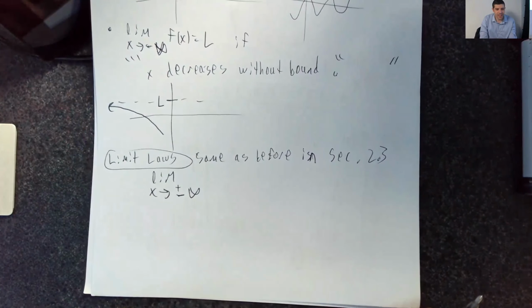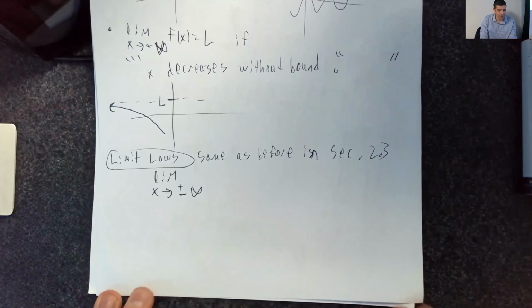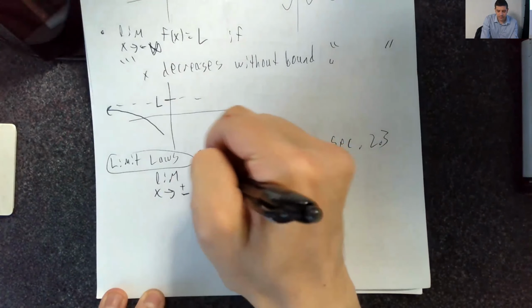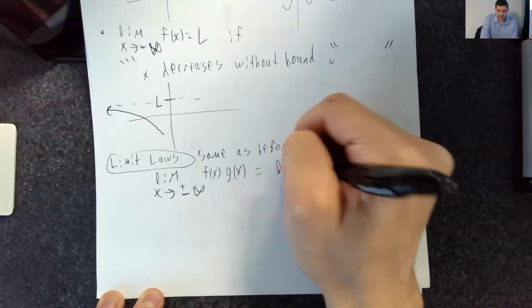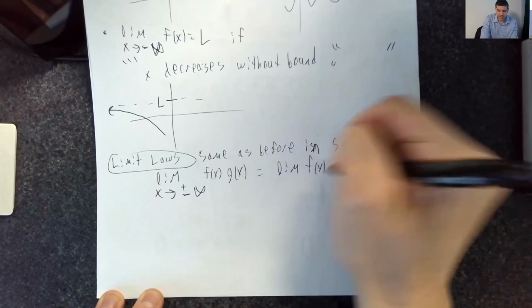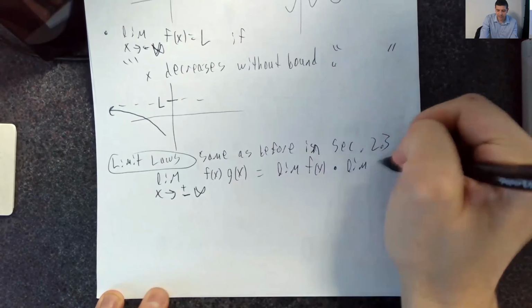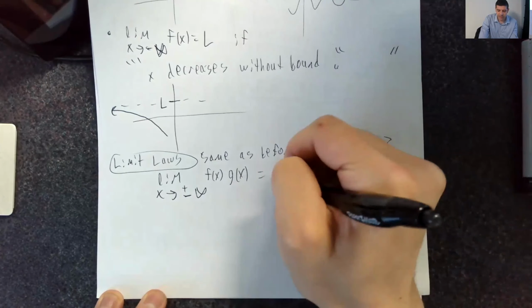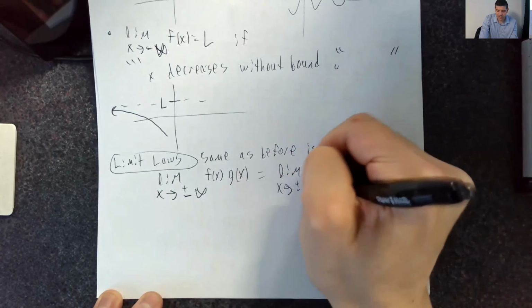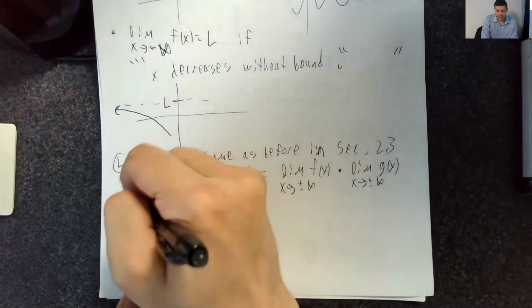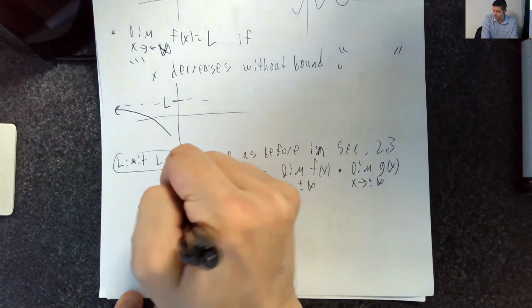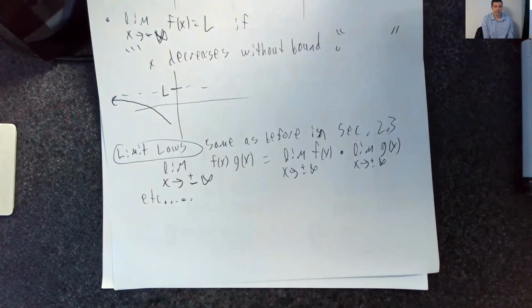It's not and. You can't do it at the same time. It's either or of f of x times g of x. Then it's the limit of f of x times the limit of g of x, as x goes to plus or minus infinity, etc.